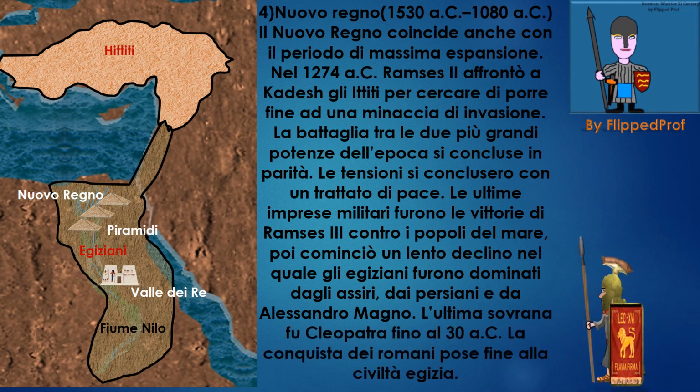The tensions ended with a peace treaty. The last military exploits were the victories of Ramesses II against the Sea Peoples. Then began a slow decline, in which the Egyptians were dominated by the Assyrians, Persians, and Alexander the Great. The last ruler was Cleopatra until 30 BC. The conquest of the Romans ended Egyptian civilization.